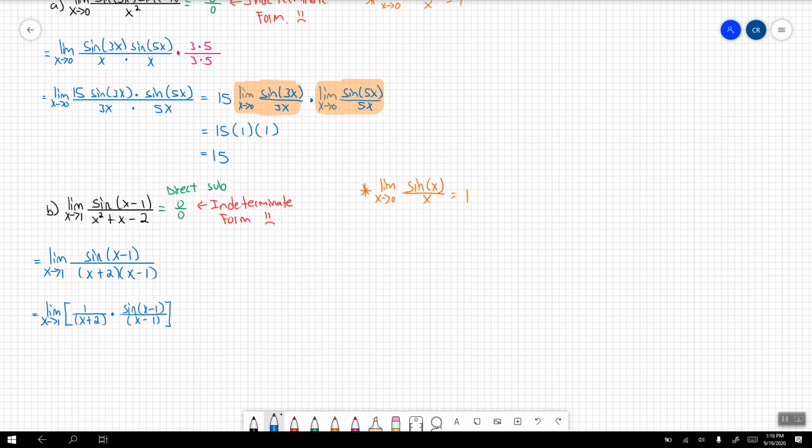Because we're taking a limit of a product of functions, we can evaluate the limit of those individual functions and then multiply them. Which means we'll be able to evaluate the limit as x is approaching 1 of the quantity of 1 divided by x plus 2. And we're also going to be able to evaluate the limit as x is approaching 1 of the quantity of sine of x minus 1 all divided by x minus 1.